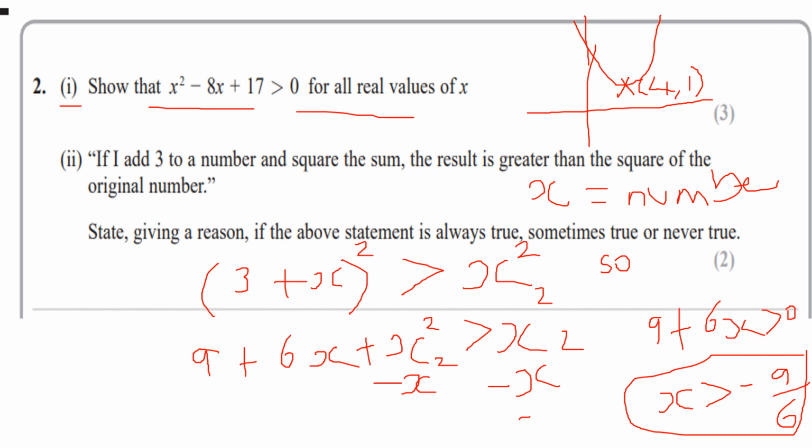Then you'd have 3 subtract 2, if x was equal to minus 2, and is that bigger than minus 2 squared? Well, no, that's not true, because that becomes 1, so I have 1 squared is bigger than minus 2 squared, so that'll be 4, so 1 is bigger than 4, so that is not true.